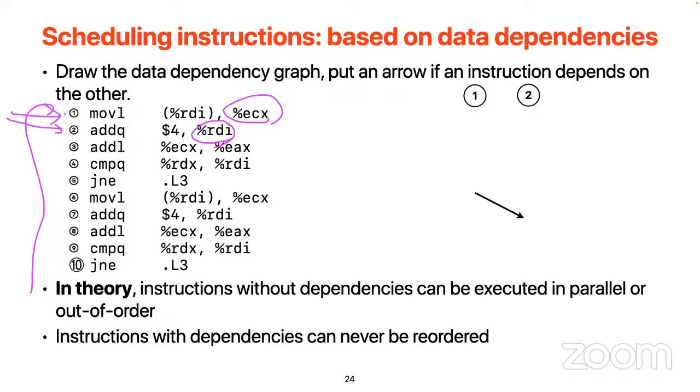Instruction 3 depends on ECX and EAX and generates output on EAX. ECX is coming from the first instruction, so the third instruction does have a dependency on the first. For the fourth instruction, its inputs are RDX and RDI. The last one that generated the RDI this instruction needs is the second instruction. So the fourth instruction has a dependency on the second.